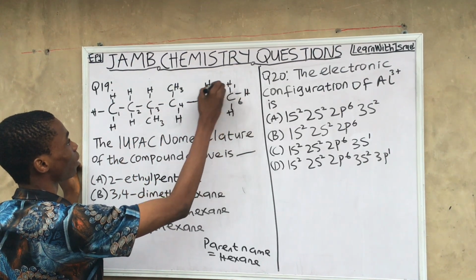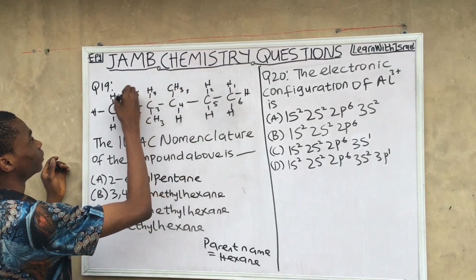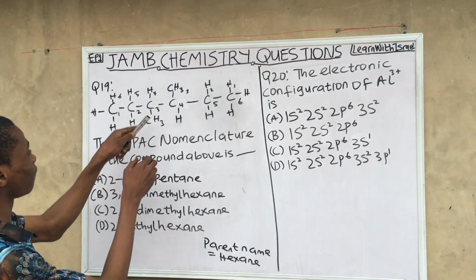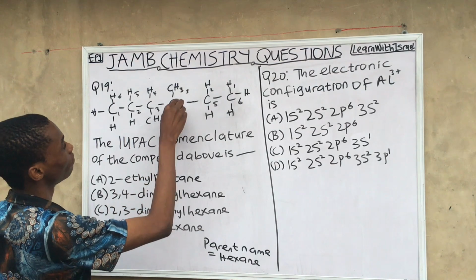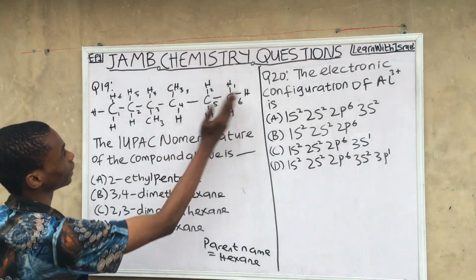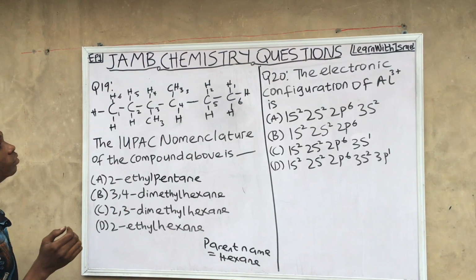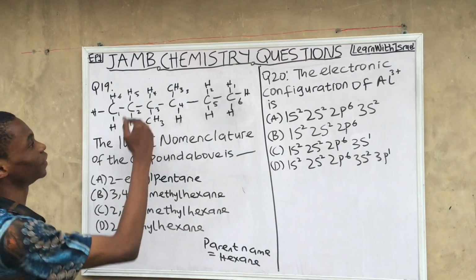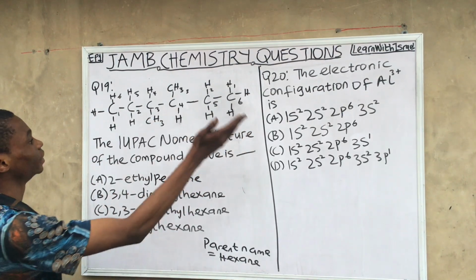Counting back, we have 1, 2, 3, 4, 5, 6. We have methyl groups at 3 and 4. If we count the other way, we also have 3 methyl, 4 methyl. So we can pick either one, since they have the same value whether counting left to right or right to left.